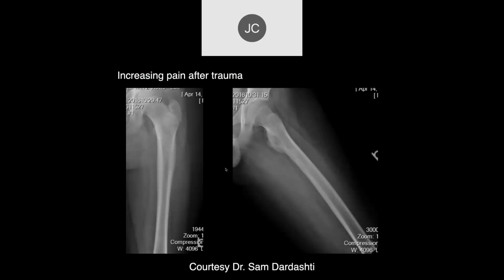All right, increasing pain after trauma. Hip infections are common in older people and children. So periosteal reaction, proximal femoral diaphysis. You want an MR?